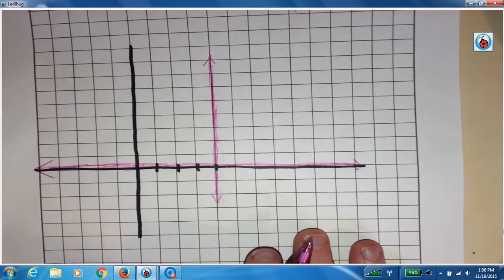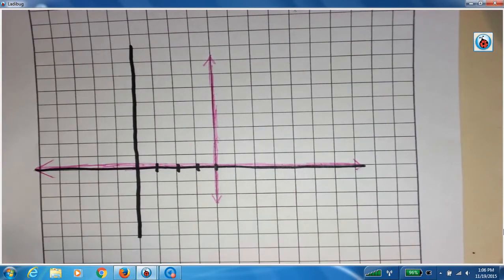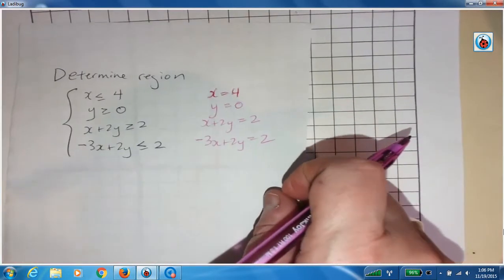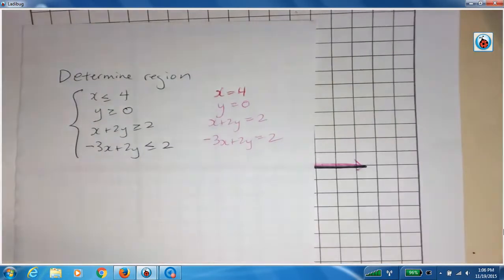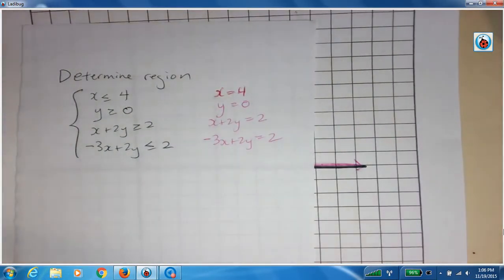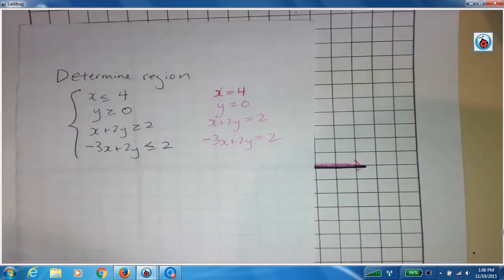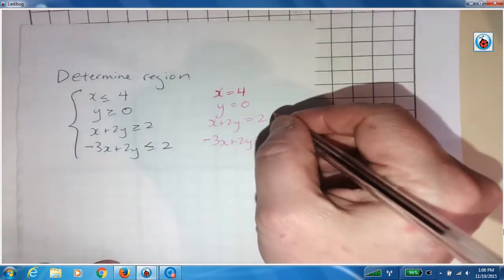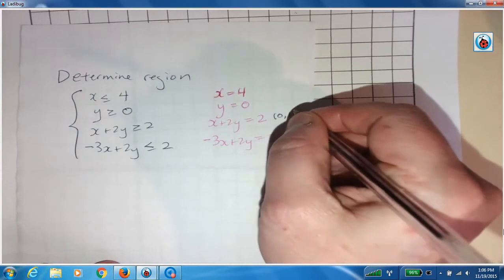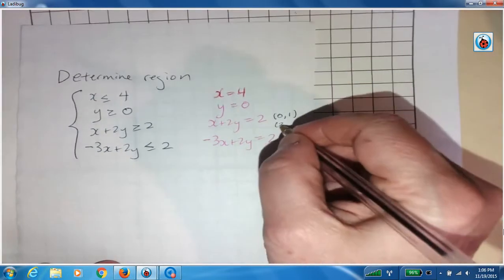Okay. Then I want this line x plus 2y equals 2. Now, that is the same line that I drew last time. And I can graph any line as long as I have 2 points on there. And so like the last example, the y-intercept is 0, 1, and the x-intercept is 2, 0.